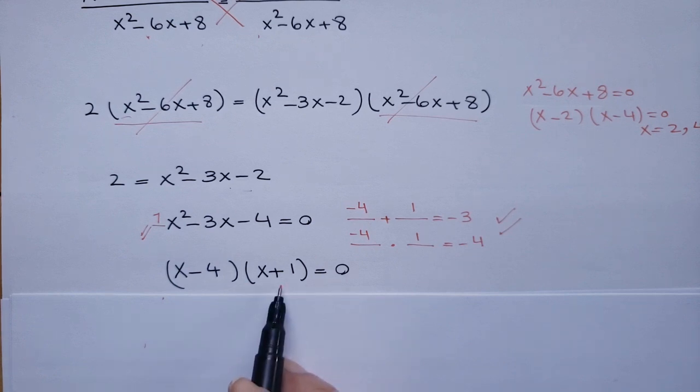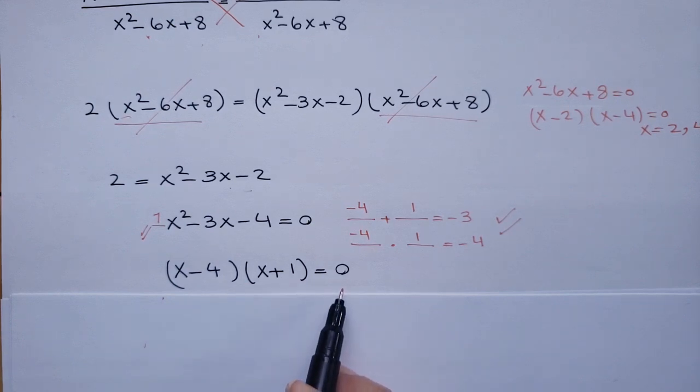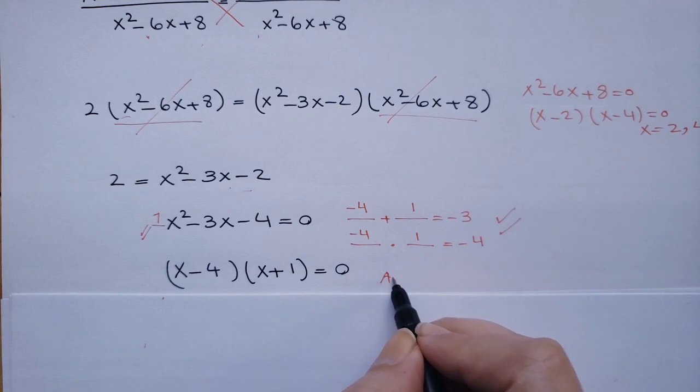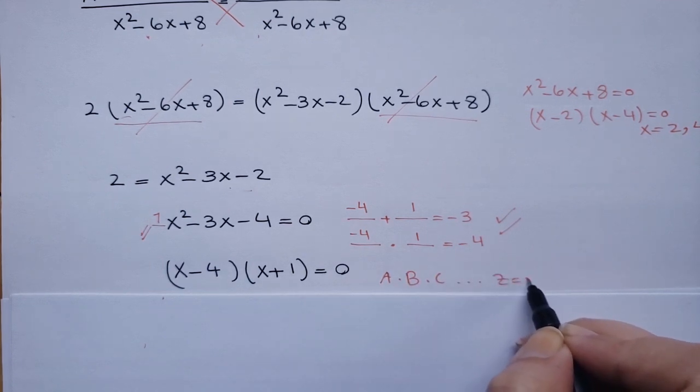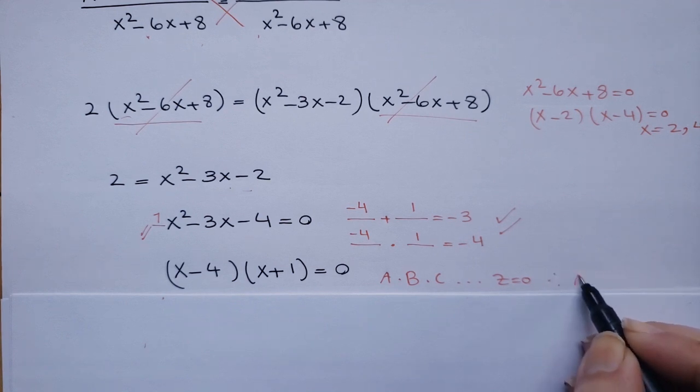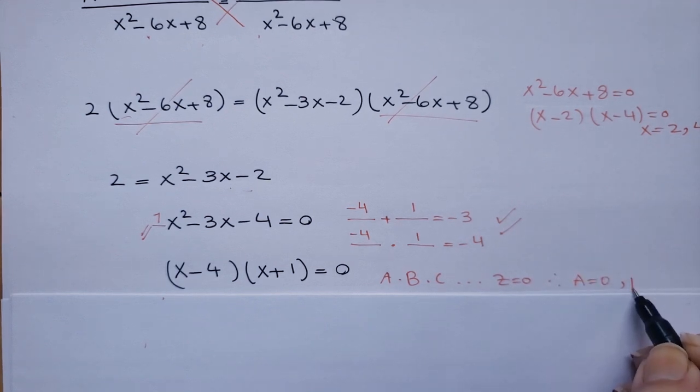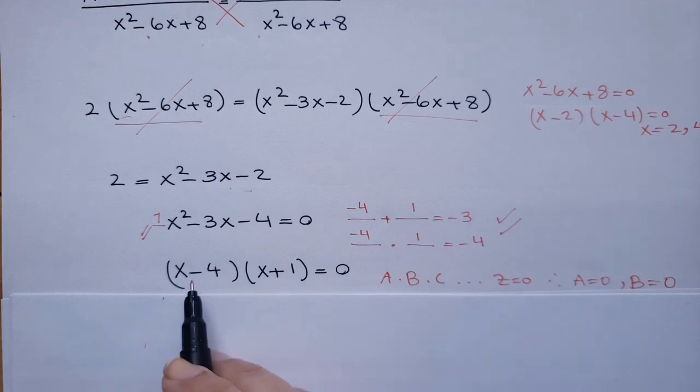Now two brackets multiplied equal to 0. Remember, A multiplied by B equal to 0, then we said that any of these is a potential 0. So that means either x minus 4 is 0 or x plus 1 is 0.